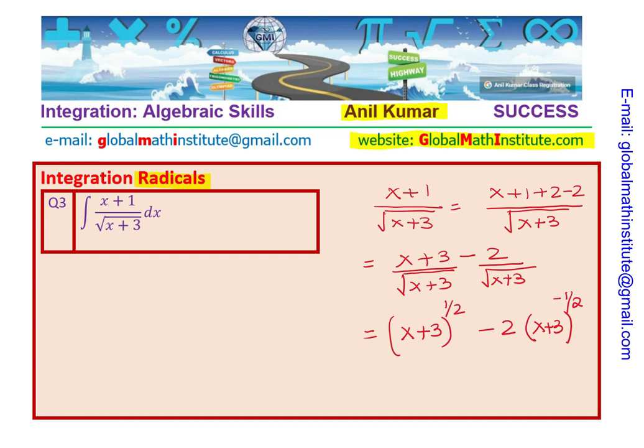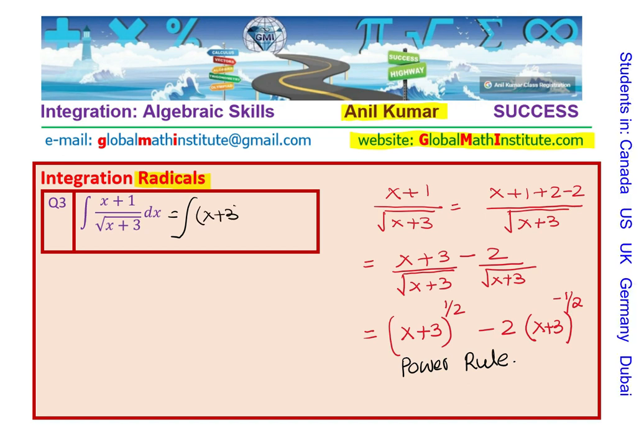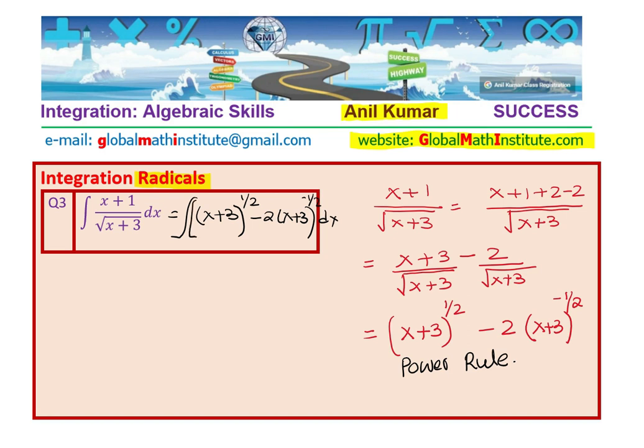And now we can use the power rule. Simple as that. So that is how we rewrite the expression. So let me write this integral as the integral of x plus 3 to the power of half, minus 2 times x plus 3 to the power of minus half, dx.